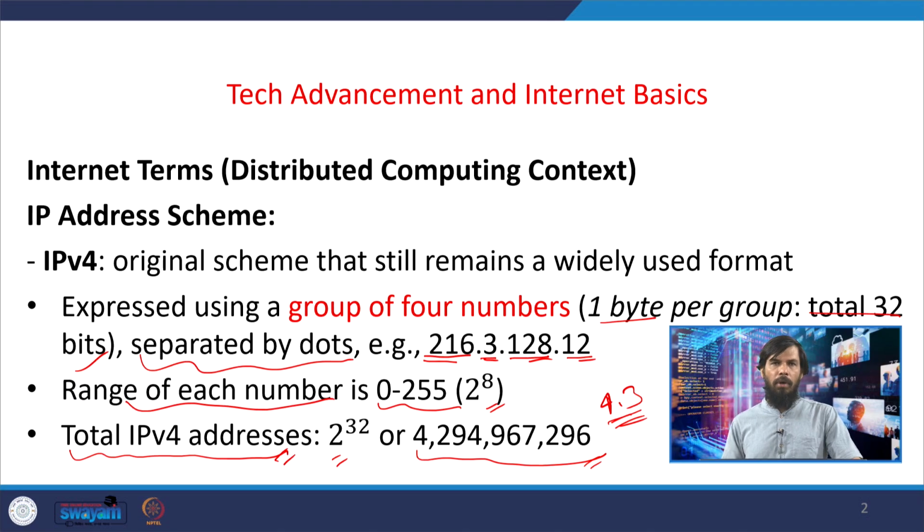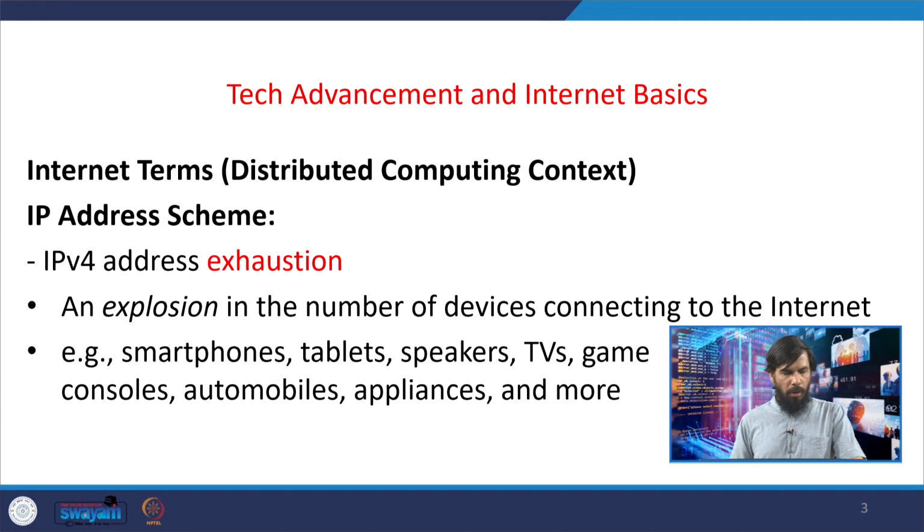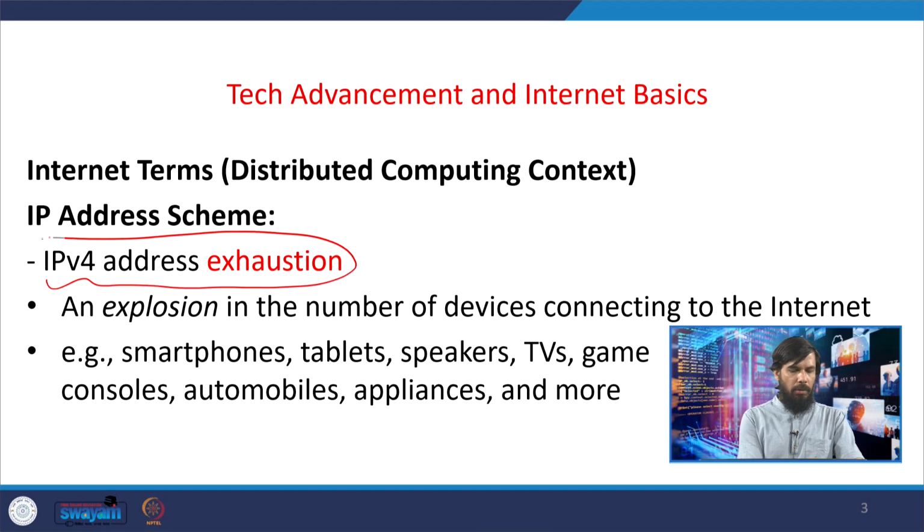So, therefore, the ability to uniquely identify a computational node is going down, and there are different solutions that are adopted to overcome this lack of IPv4 addresses, right. Now, essentially we are facing the IPv4 address exhaustion problem.